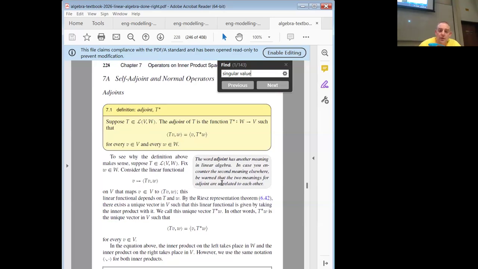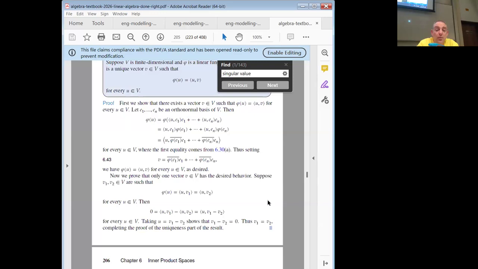Okay, so I reckon we can do the adjoint. The adjoint is the function T star such that it does that thing. Why does it make sense? By the Riesz representation theorem. We probably should go back to the Riesz representation theorem because that's a big thing with inner products.